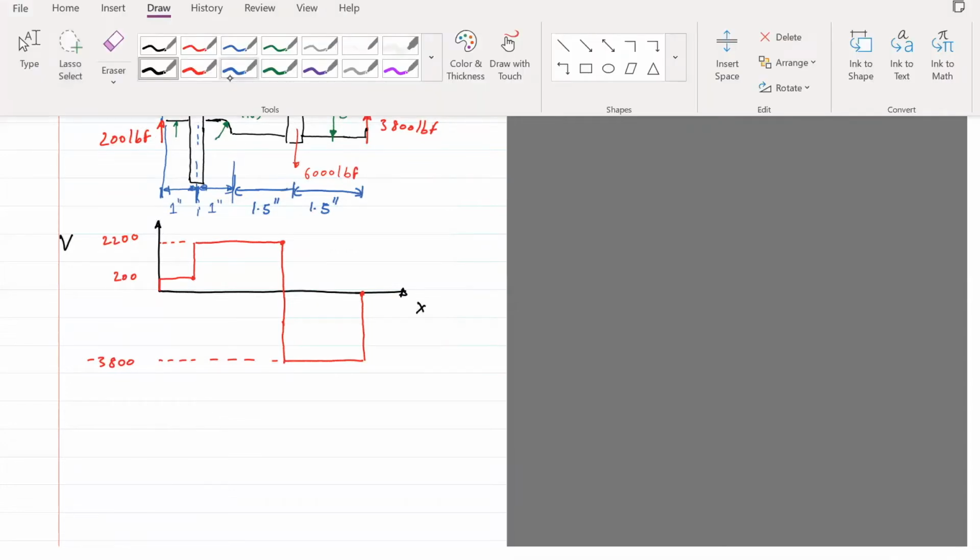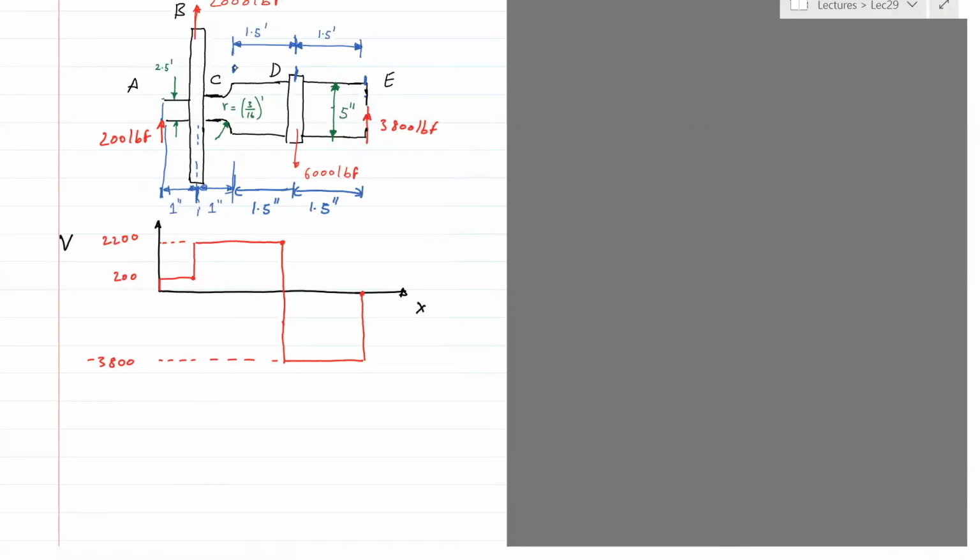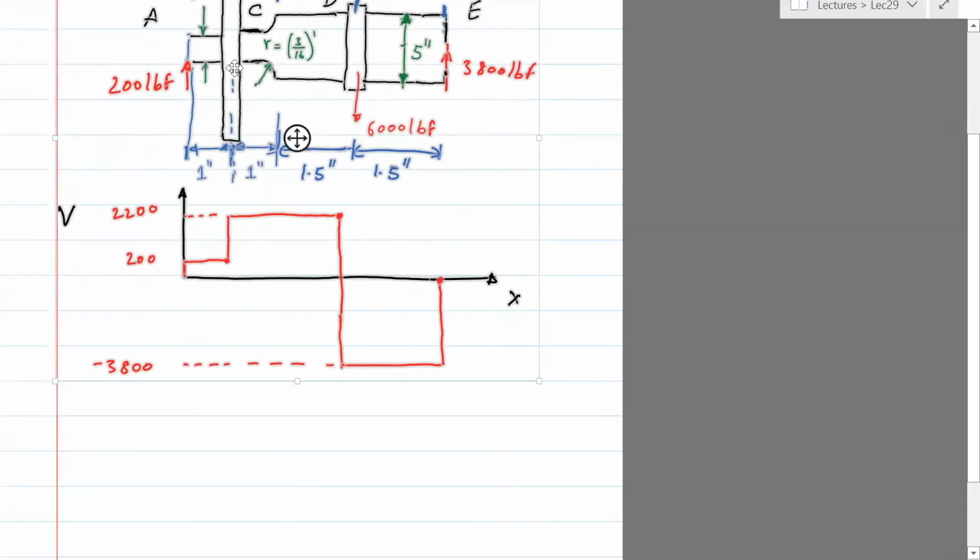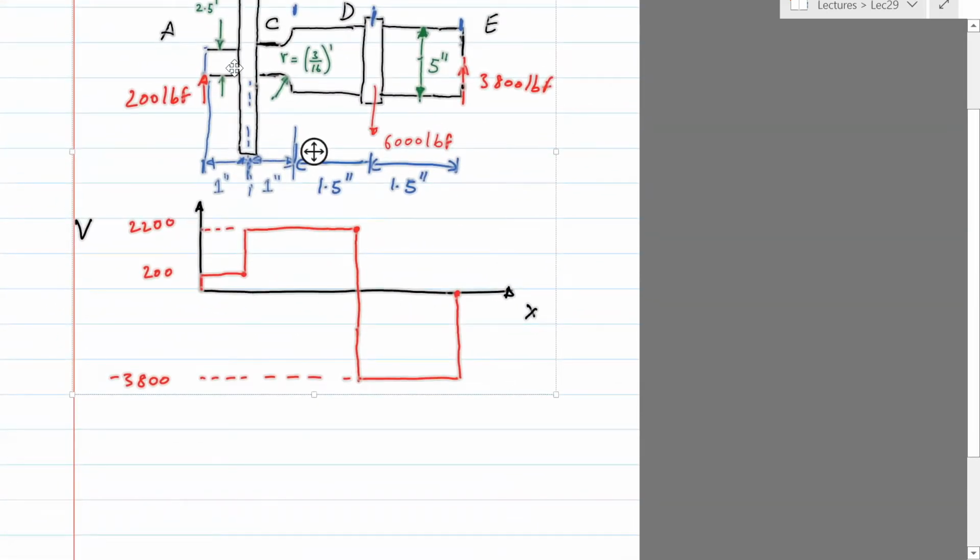So this is a trick which works very well for the bending moment diagram: you can compute the area under the shear force diagram. Here it's important to show this distance. This is 1 inch, this is 2.5 inches, and this is 1.5.